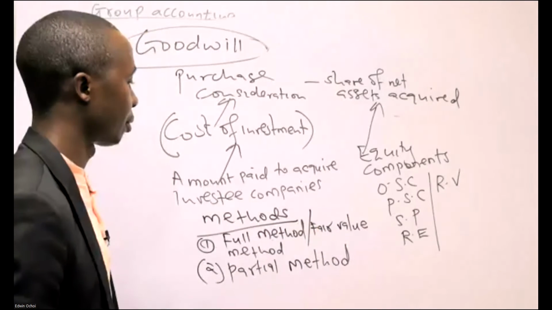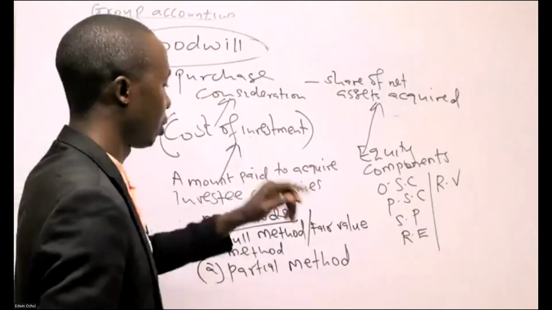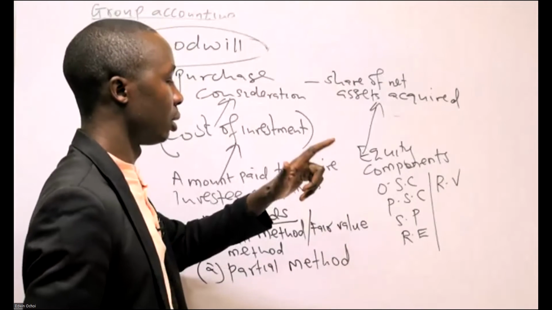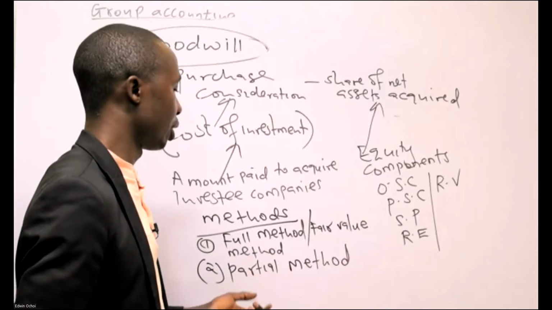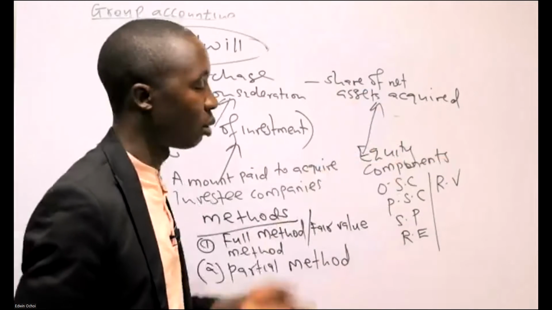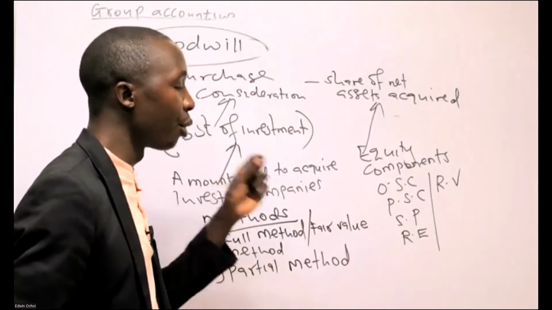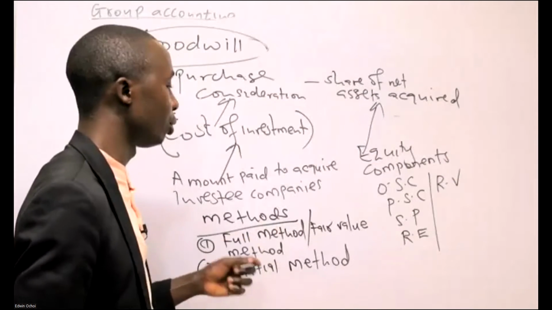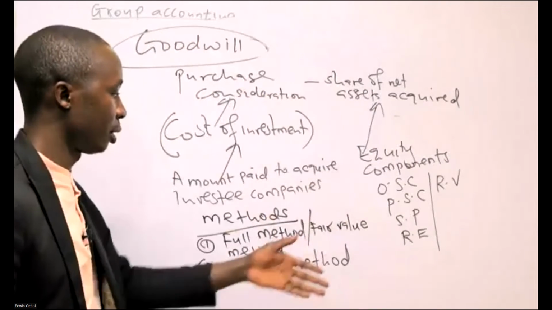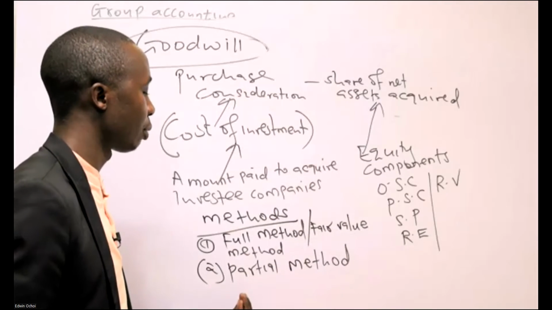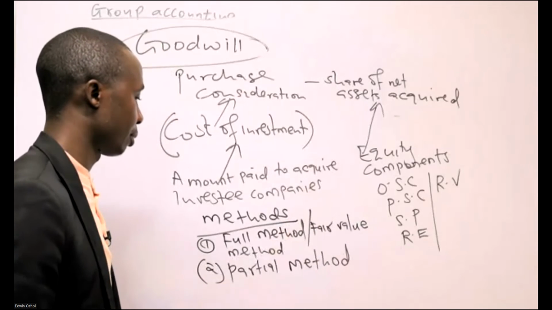The full method is applicable in the computation of goodwill of the subsidiary, but at the same time, the partial method can also be used. So how will you know that you are supposed to use the full method? Or the partial method?